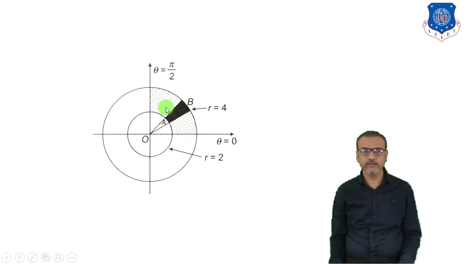For this area you can see that theta will vary from 0 to pi by 2, and you have to draw an elementary strip OAB, and from this strip we will be in a position to find the limits of r.